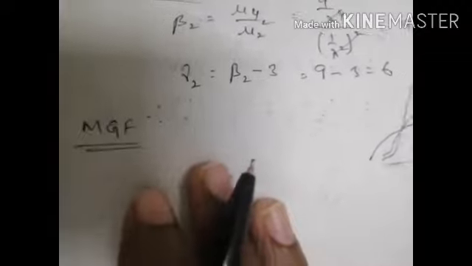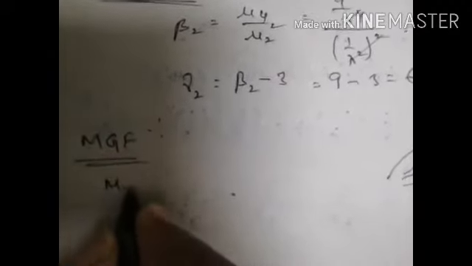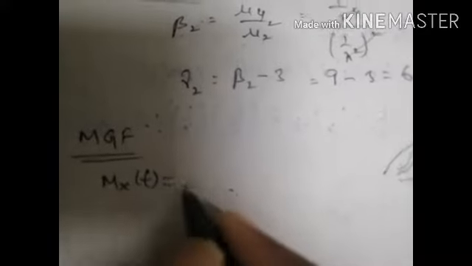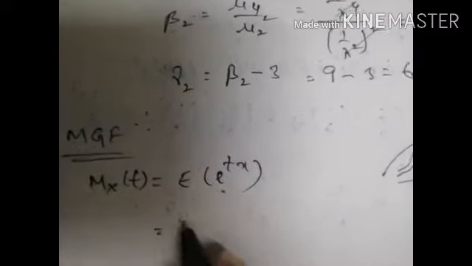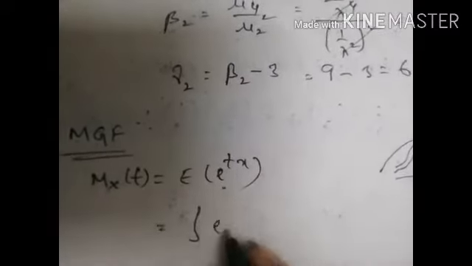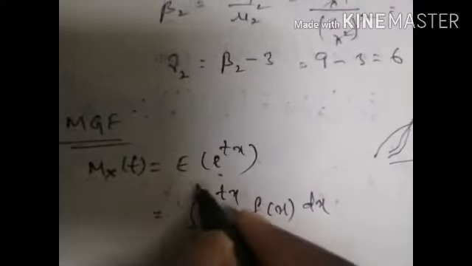Next, MGF, the moment generating function of exponential distribution. What is the symbol? Mx of t. Mx of t is equal to expectation of e to the power of tx, right? So integration of e to the power of tx into f of x dx, where the limits are 0 to infinity.